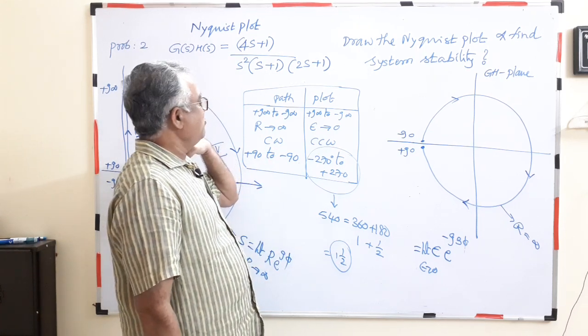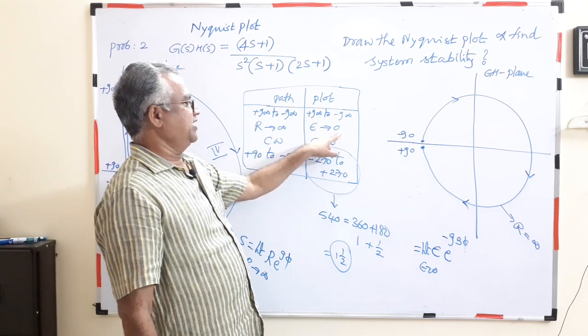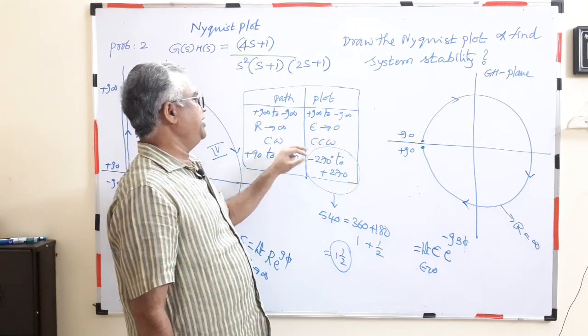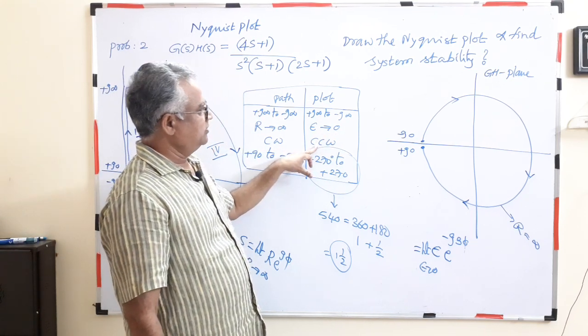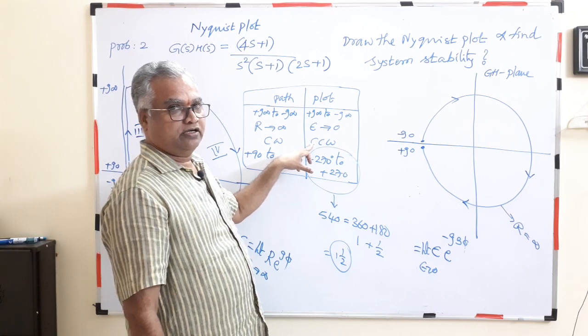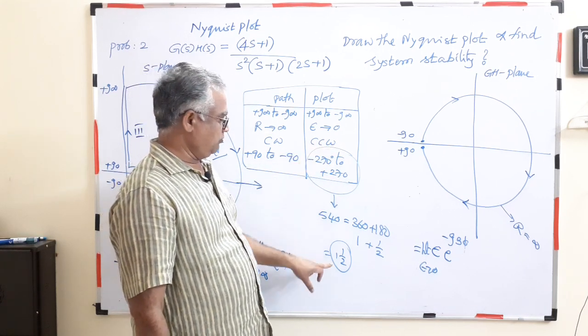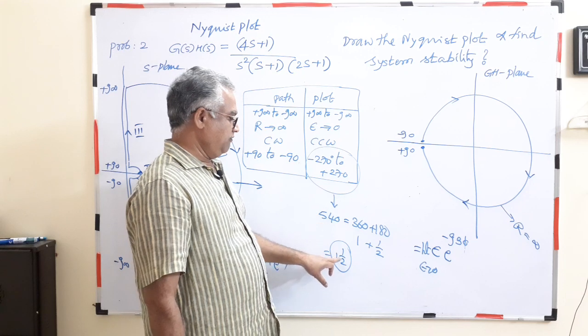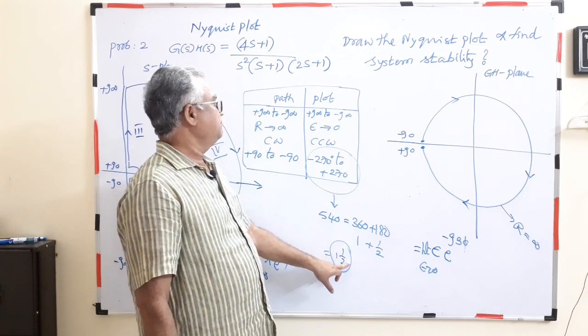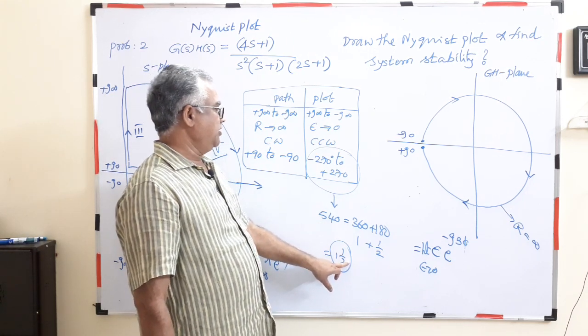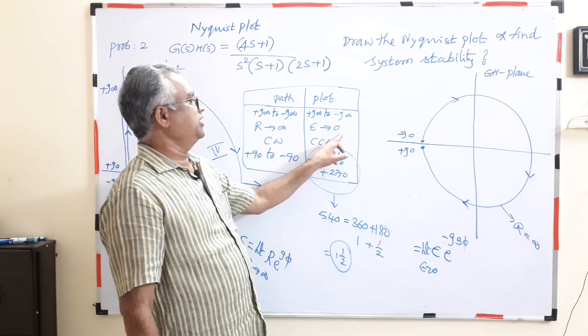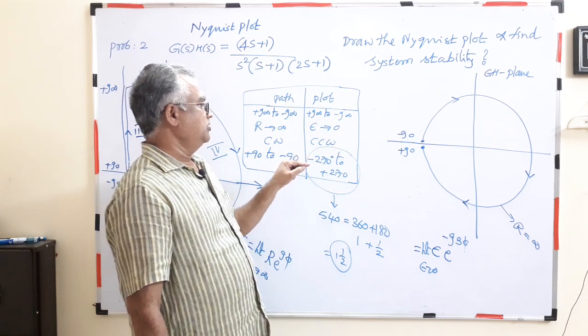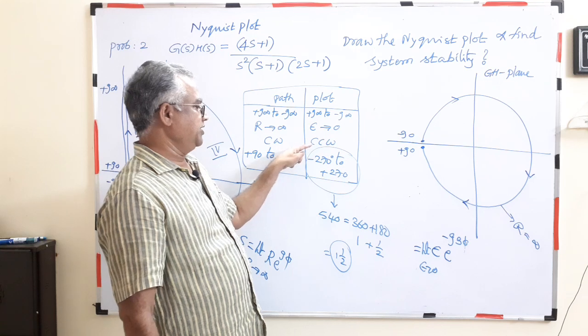Now understand. Draw a small circle which should rotate in the counterclockwise direction. How much does it have to rotate? 1.5 cycles. A small circle almost at the origin, rotating in counterclockwise direction.